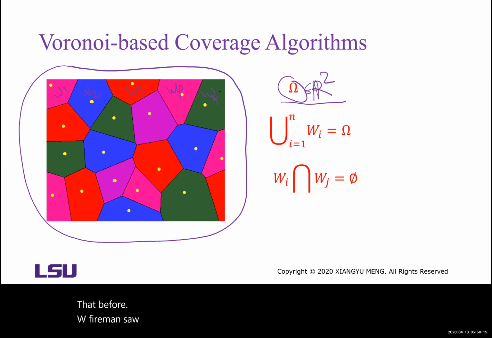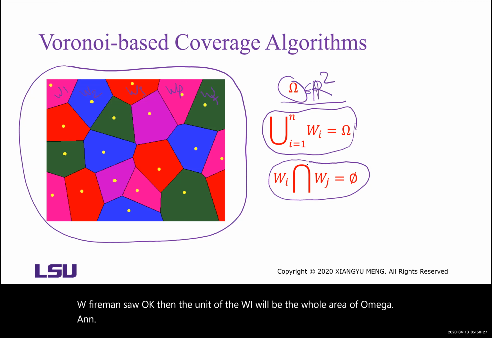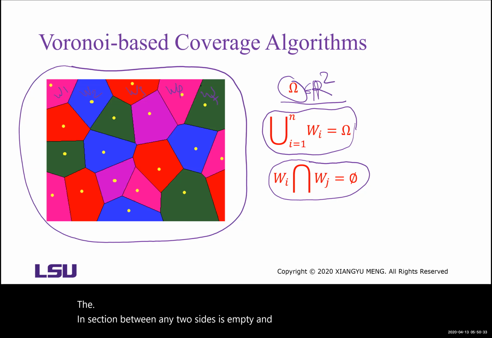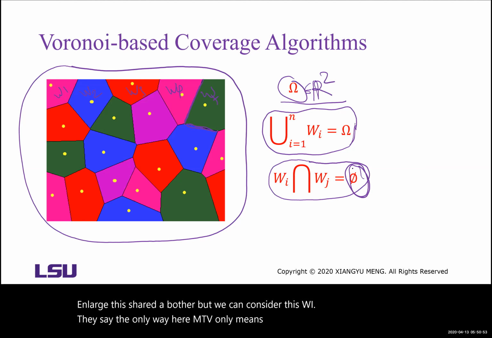The union of the Wi will be the whole area omega, and the intersection between any two sets is empty, unless they share a border. Here empty only means their shared border; it's not exactly empty.